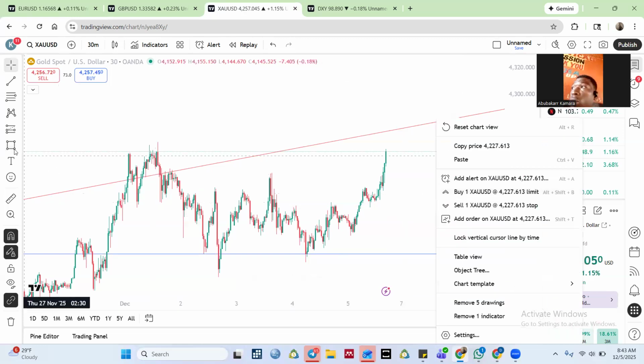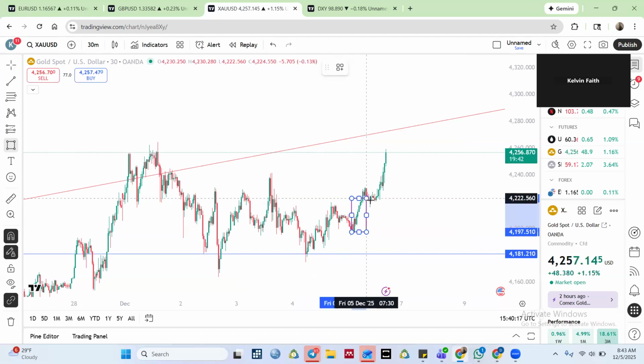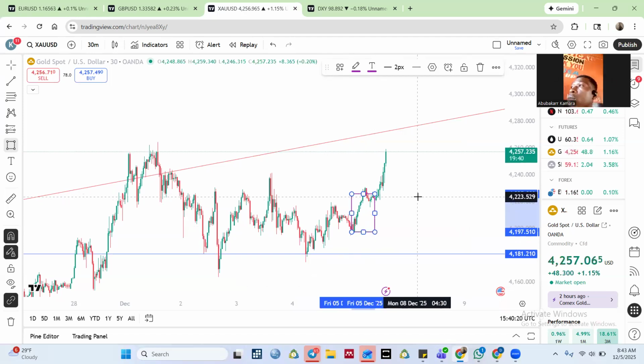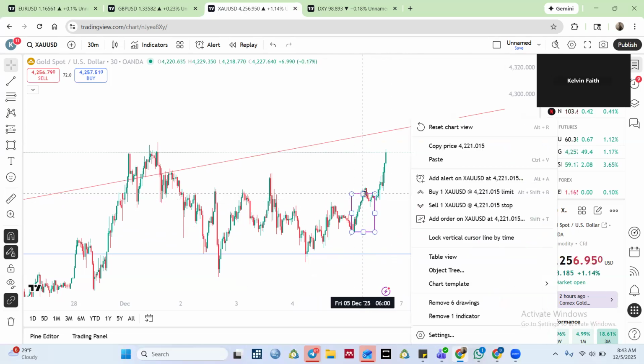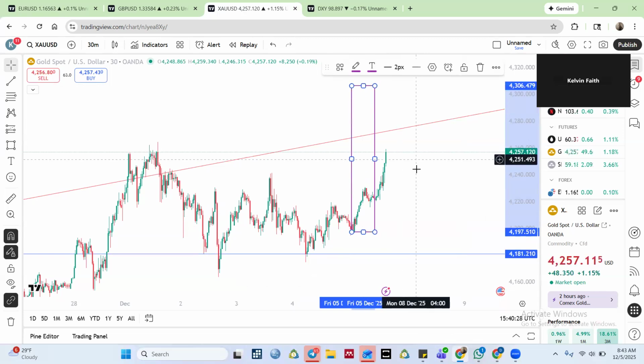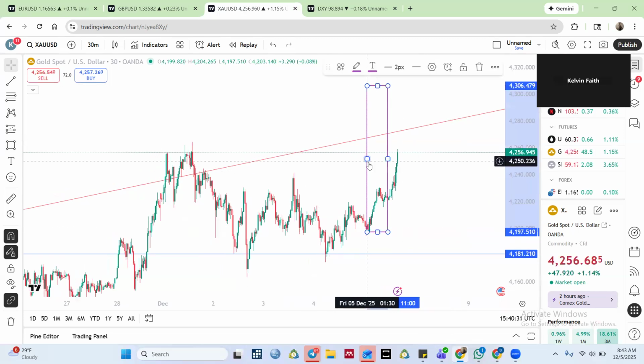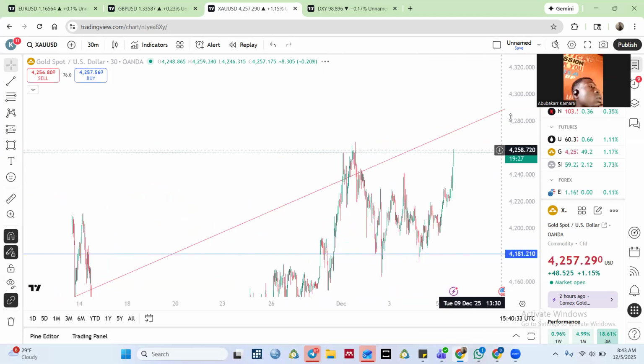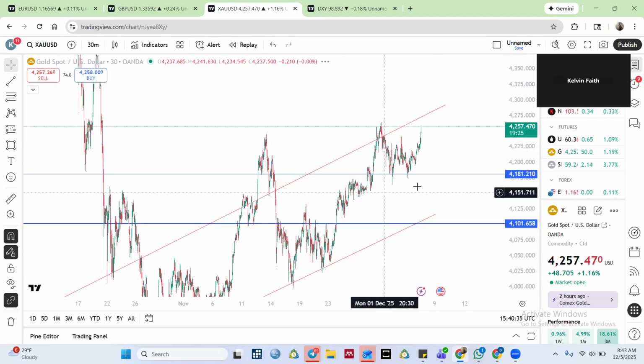I caught the buy from here to here and I closed. I have not looked at it today, but I can see that gold is going to hit here and crash that high.